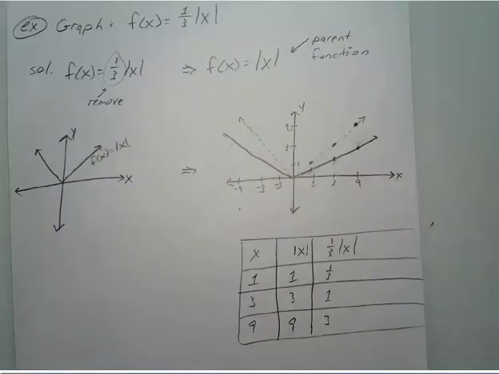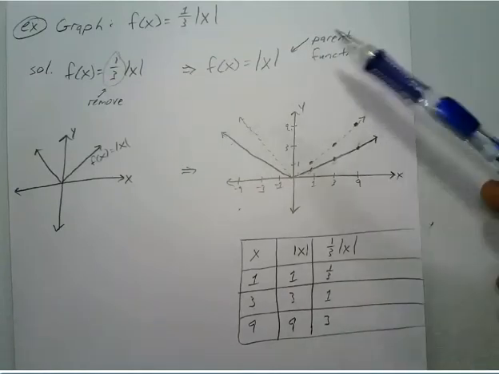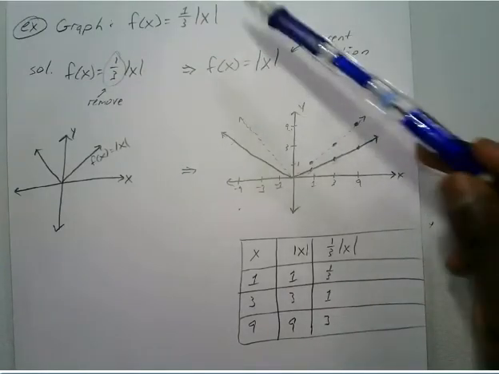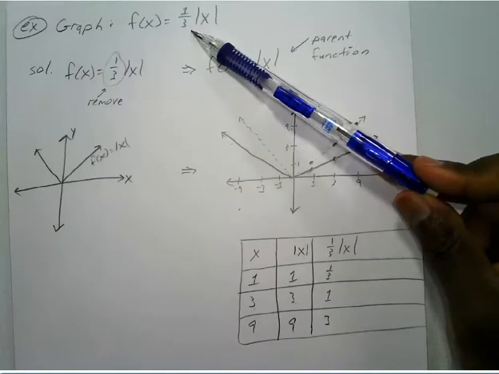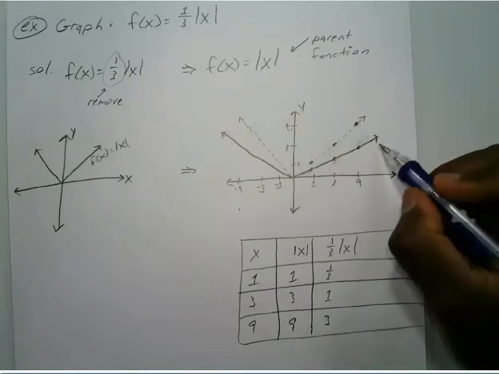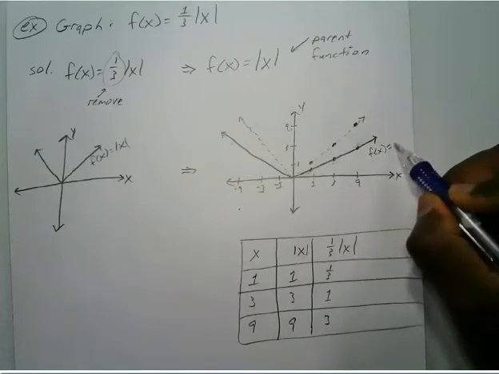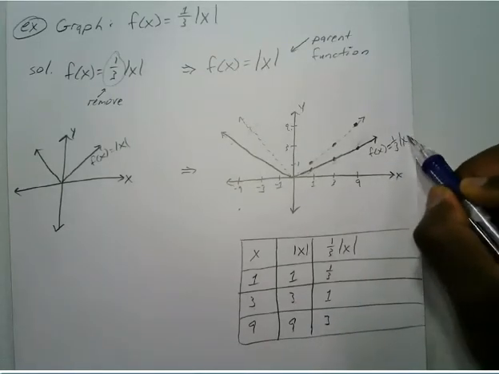There we go. So remember, every value of absolute value of x now gets smaller. That's why it shrinks vertically when multiplied by a number that's less than 1. So this is now your graph of f of x equals 1/3 times the absolute value of x.